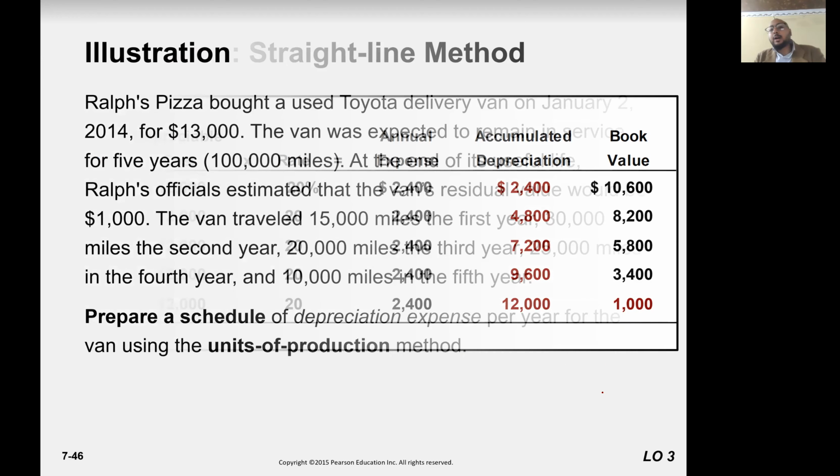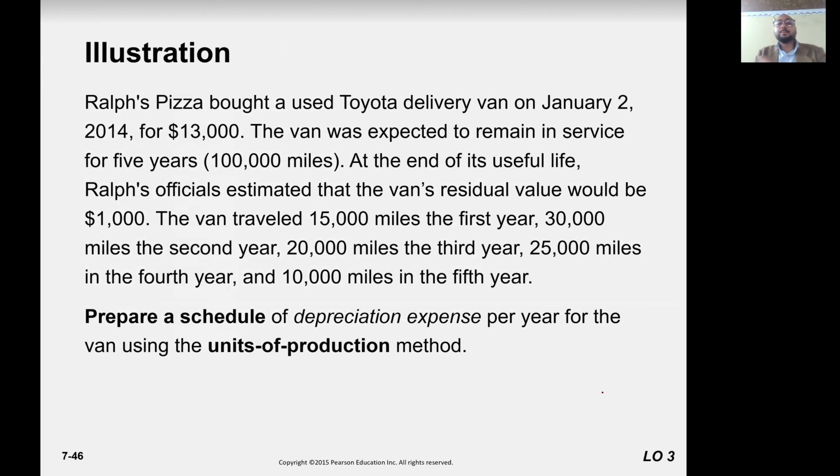Simple. Now, if we use the same Toyota delivery van with the unit of production method, remember the used van is going to run through 100,000 miles. In the first year it travels 15,000, second year 30,000, third year 20,000, fourth year 25,000, and fifth year 10,000.